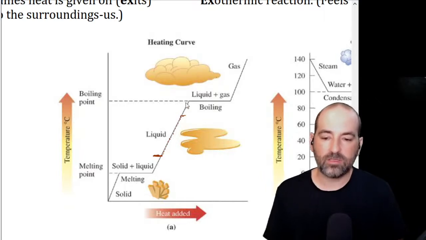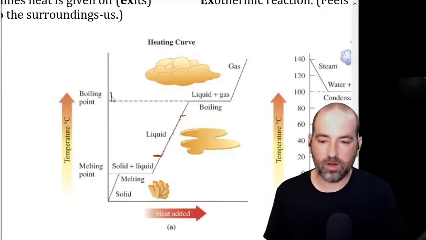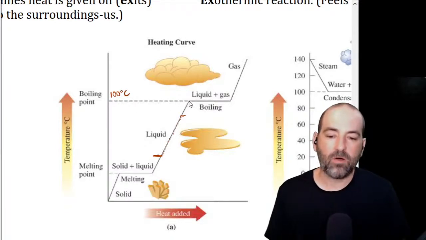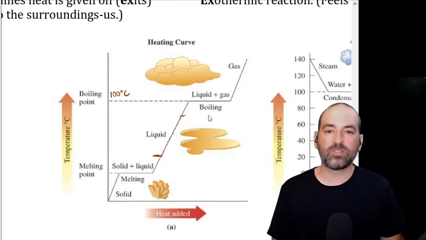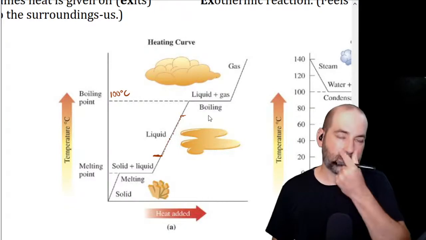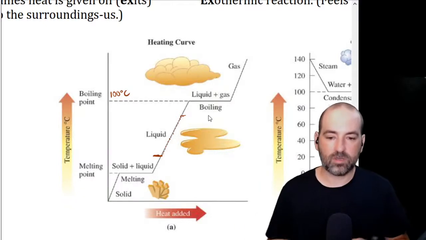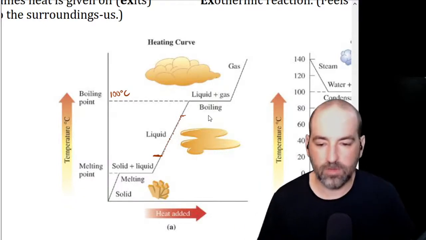So as you get to the boiling point, which we know for water is 100 degrees C, now you're adding heat, but you're not changing the temperature. And that's because that heat is going not to change the temperature of the water, but to break up those intermolecular forces that attract the water molecules to each other.